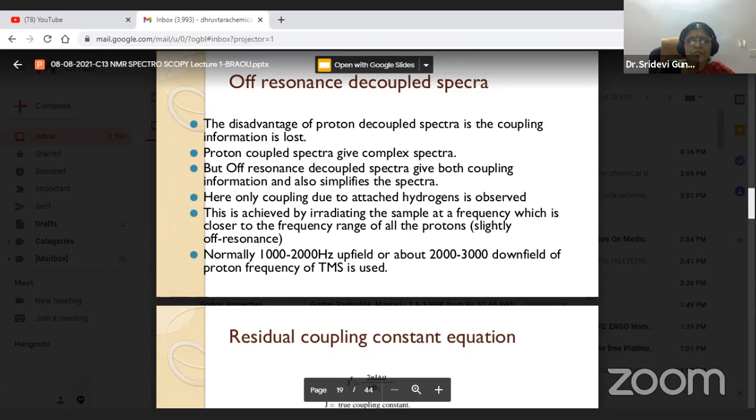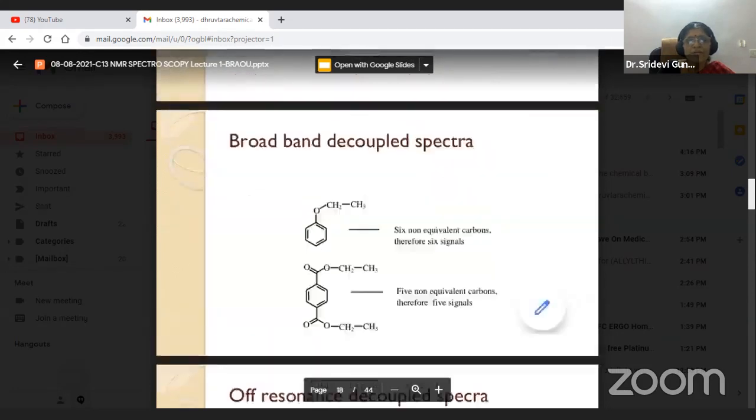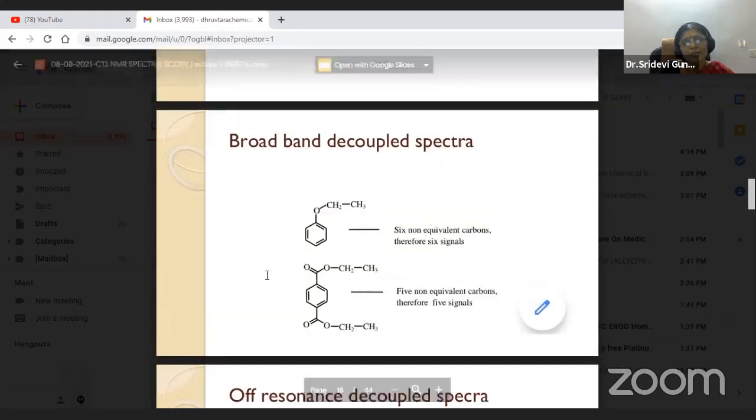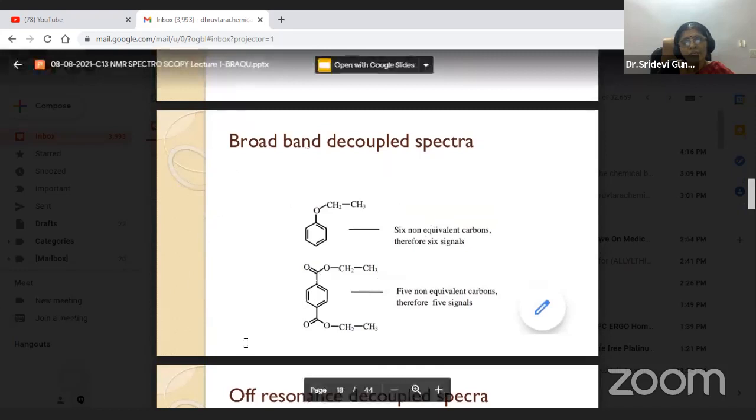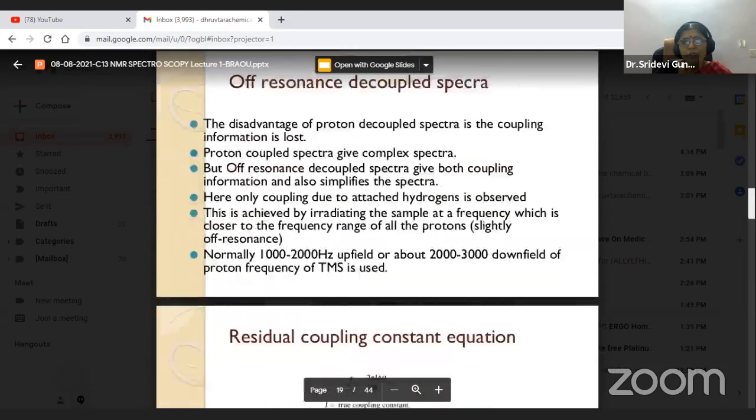And here one more point I forgot to tell you. In broadband decoupled spectra, only the proton coupling is lost. But if you have other magnetic nuclei such as fluorine and P31, that coupling information will be written. Anyway, we'll know more about it later.